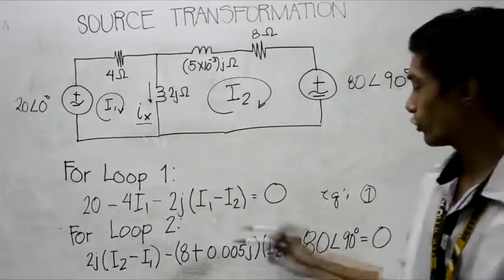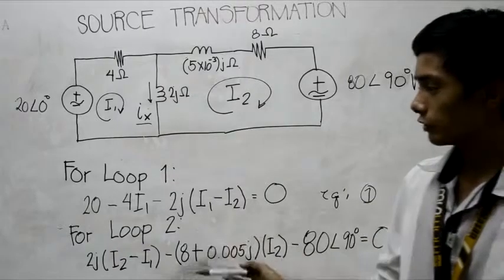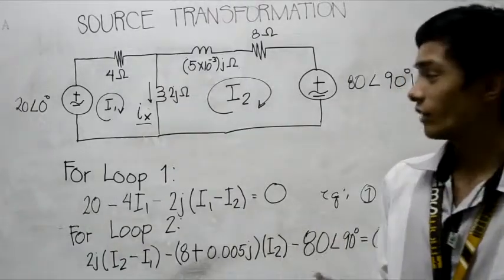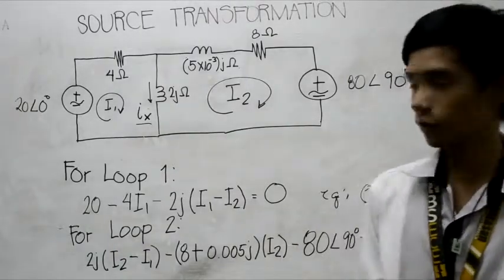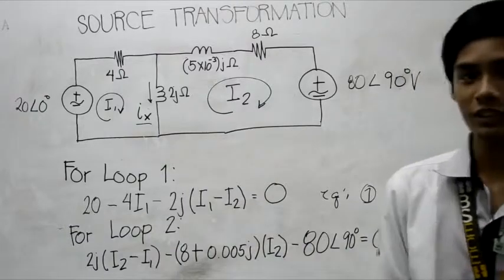After having equation number 1 and equation number 2, we'll now have the values of I1 and I2 by solving the equations simultaneously using mesh analysis.